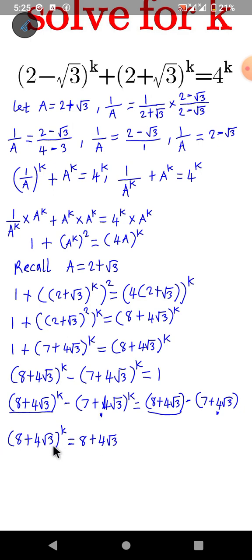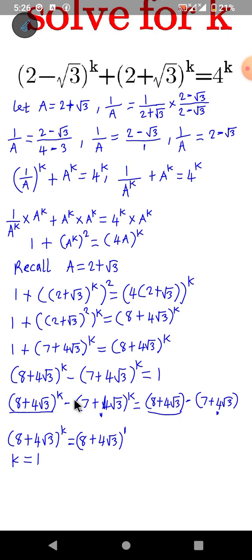Now from here, this is raised to the power of 1 and they have the same base. So since they have the same base, we equate the power. So we can say k equal to 1. So now I finished comparing this and this.